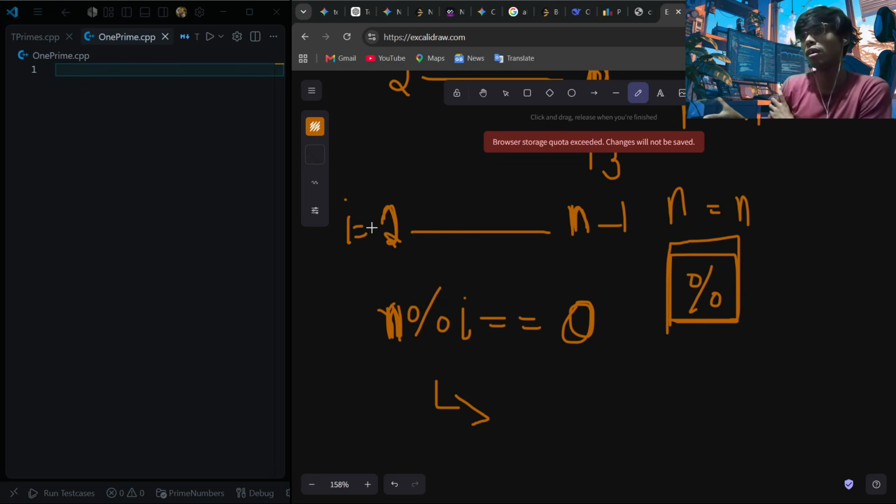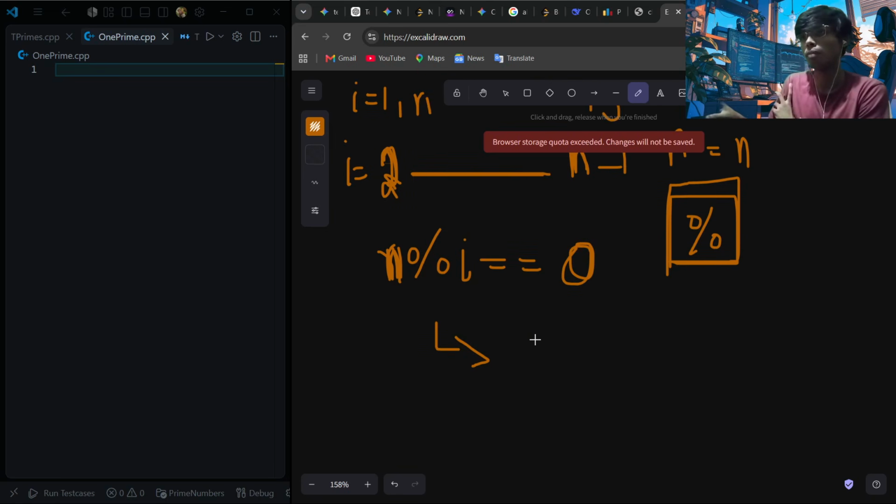But what I have seen here is that I will never take 1 or n. The number will be from 2 to n minus 1. And I will see that if any number between 2 to n minus 1 divides this n, it means that there is a third factor which divides this n. So if I got a third factor, it means that this number is not a prime number.